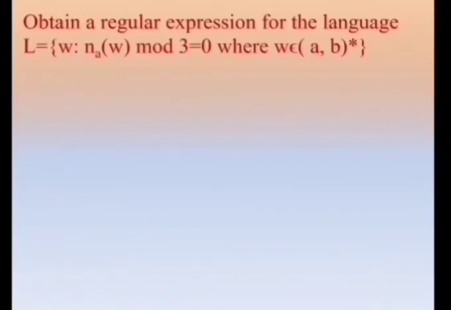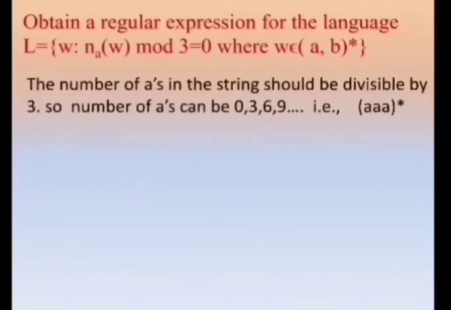Next problem we have is: obtain a regular expression for the language L equals W, where the number of A's in W mod 3 is equal to 0, where W belongs to (A comma B) whole star. Number of A's in W mod 3 equals 0 means the number of A's in the string should be divisible by 3, or we can say it should be a multiple of 3.